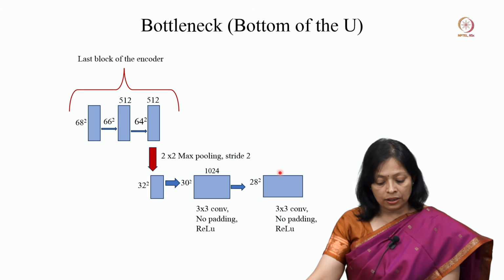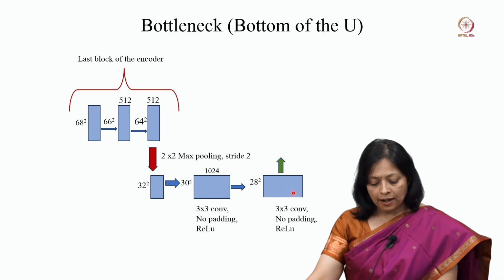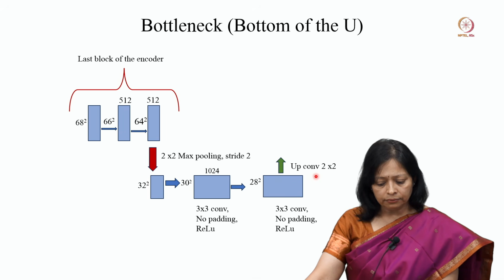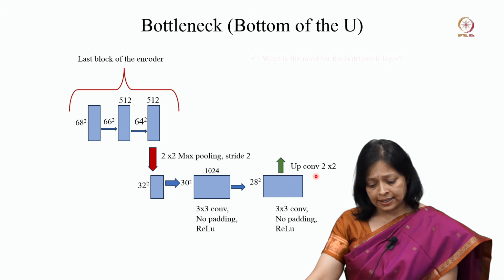Once again, the size here is 28 into 28 with the same number of channels. Okay. Till this one we were coming down, and this is the place we call the bottleneck, which is the bottom of the U, and after this there is something called the up convolution. We will look into it in the next slide.